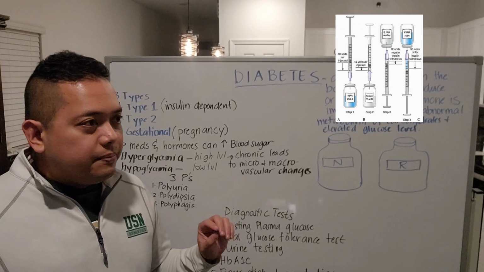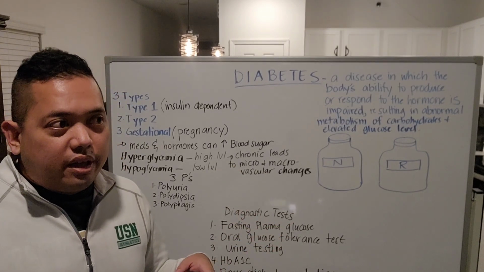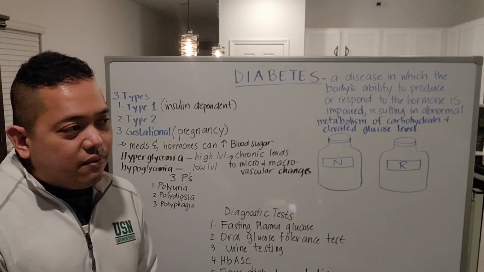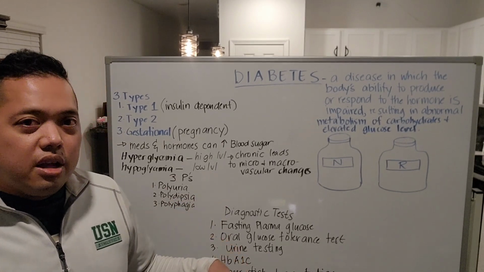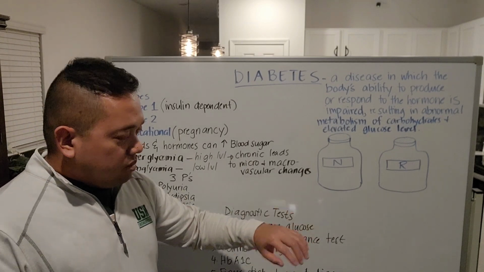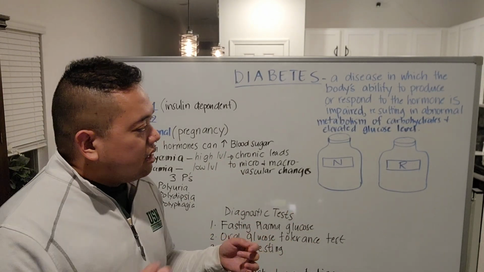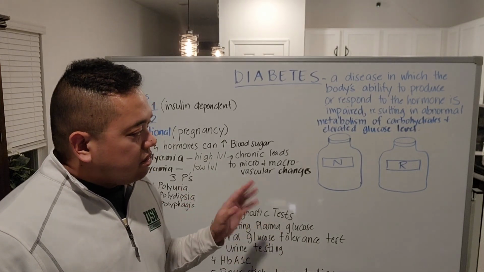When we do a finger stick glucose test, we know the glucose level and how many additional units we need to give the patient. We total that, and then we draw air based on the units.